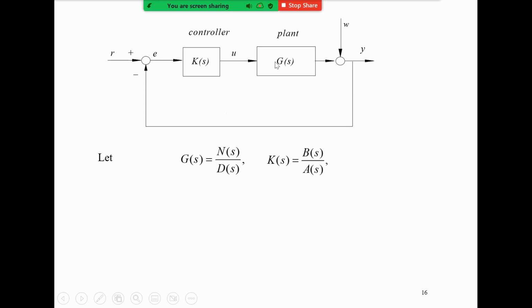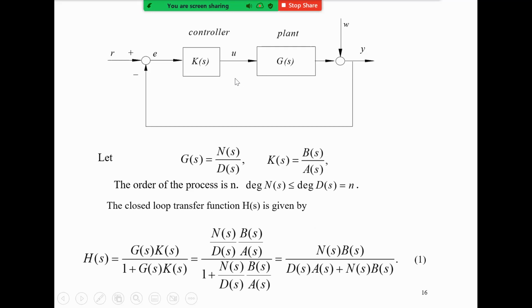We know the transfer function of the plant, and then we are supposed to design the transfer function for the controller, B over A. In the general case, we say the order of the process, that is the degree of the denominator, is n, and we also require that the transfer function is proper. The degree of the numerator cannot be bigger than the degree of the denominator.